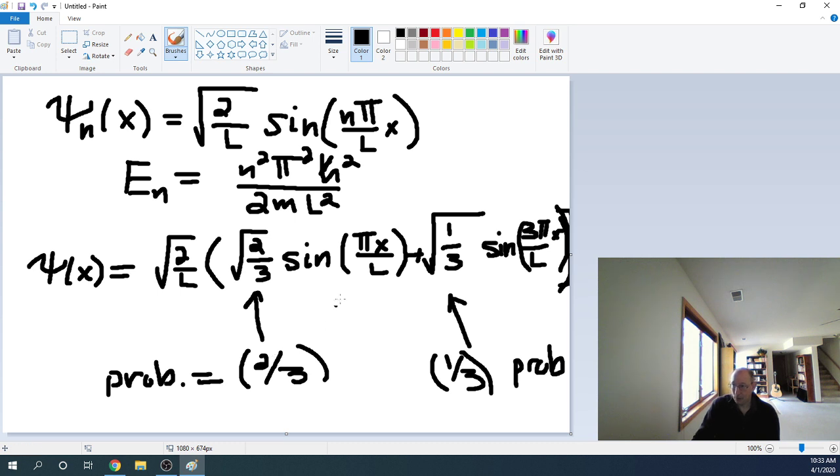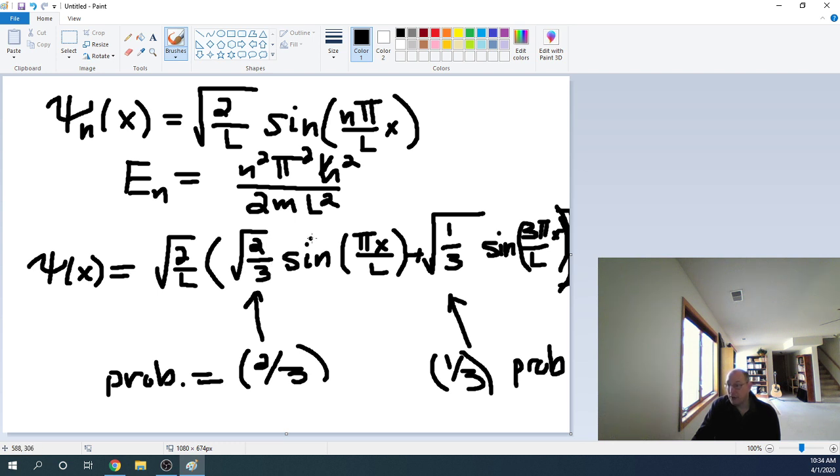This is an example problem at the end, and there's more involved than what I'm talking about here, but it reduces to what I'm going to say. The problem asks for the average energy. The answer is you're going to have to take a weighted average.